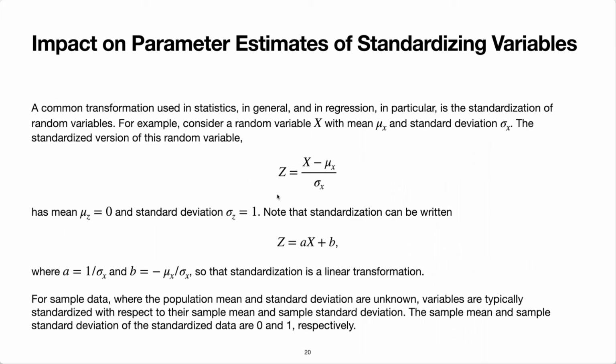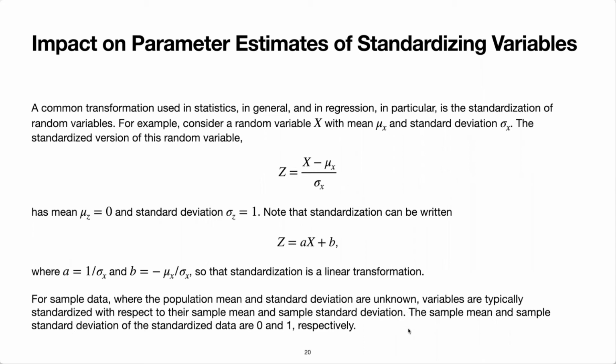So when we do that, the new random variable z has a mean of 0 and a standard deviation of 1. Note that the standardization can be written in the following form: z equals a times x plus b, where a is equal to 1 over sigma sub x, and b is equal to negative mu sub x over sigma sub x. And so what this shows then is that standardization is a linear transformation.